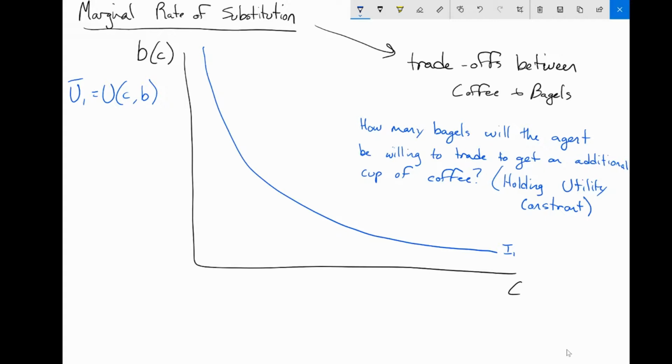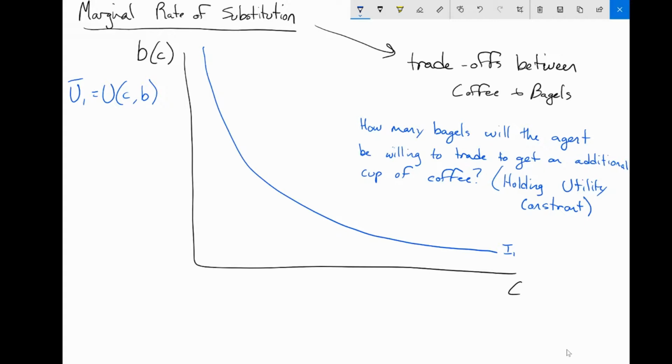I want to know what's happening on the margin. I want to know how many bagels I need to trade to increase the number of cups of coffee by 1. So what is how many bagels am I willing to trade for a marginal increase in cups of coffee? Now this is going to be called the marginal rate of substitution.